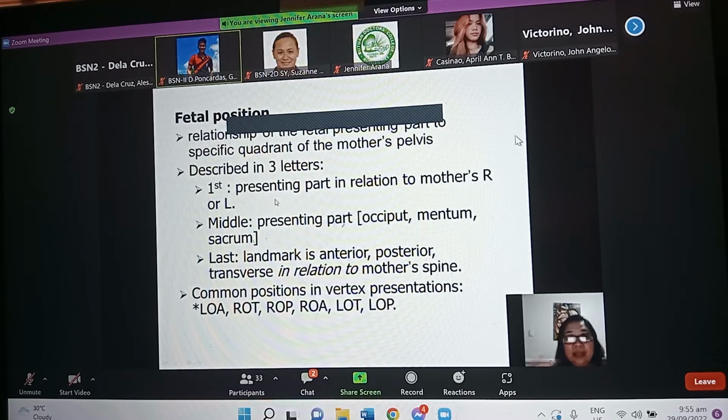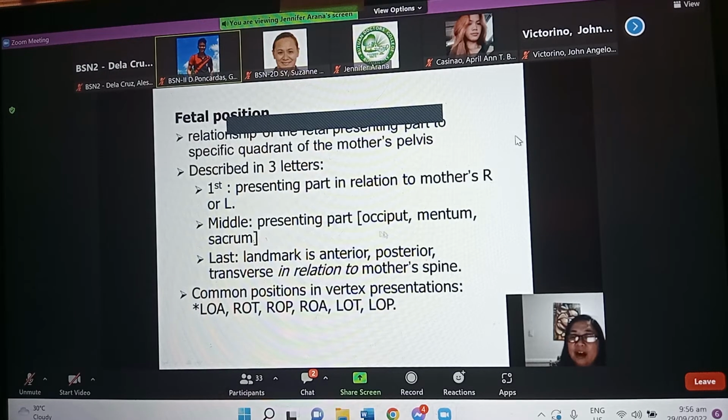Okay? So alam na nato, pag ang first letter is R, it means nga ang presenting part naa sa right side sa mother. If the first letter of the fetal position is L, pasabot niya, ang presenting part rests on the left side of the mother. The middle letter of the fetal position is the presenting part.